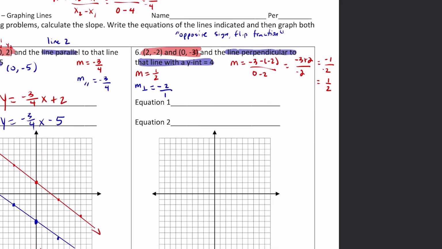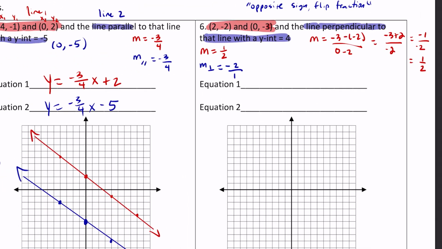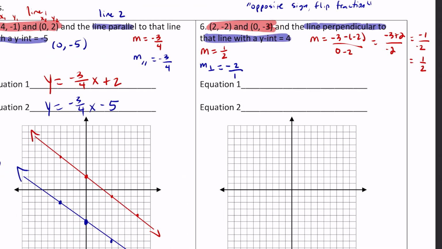So what do we have here? This is super helpful because this is my y-intercept for that red line. So 0, -3 is right here. Go ahead and use that. I'm going to use this slope for this, okay?